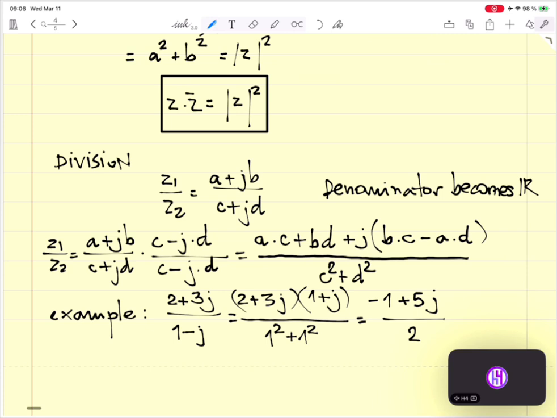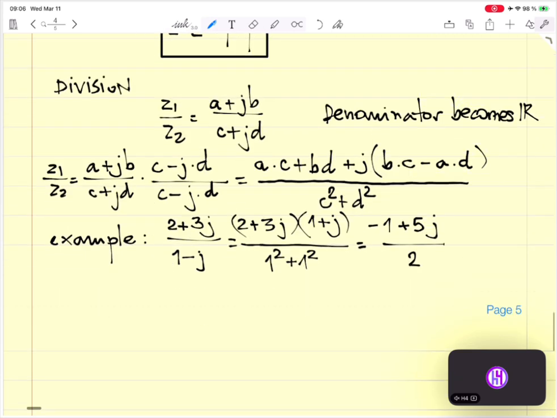So now we talk about the polar form. Still have 20 minutes.